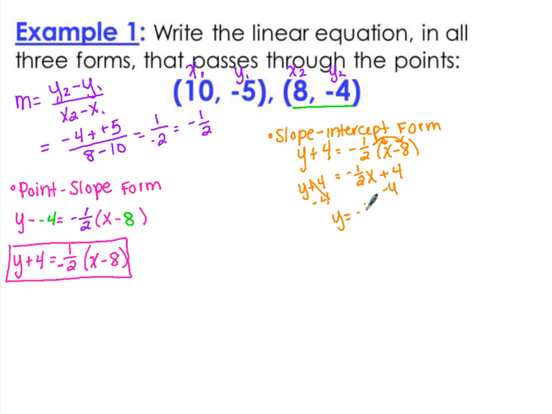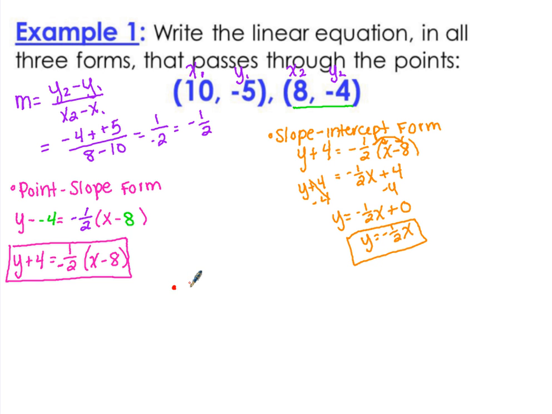So I'm left with a negative 1/2 x here. And then here, 4 minus 4 just happens to cancel, so I don't actually have to write plus 0 here. My y-intercept would be the origin. But you don't have to write that. You can write it as this instead. It doesn't actually matter which way you write it, but normally if there's a 0 added onto something, you just drop it.